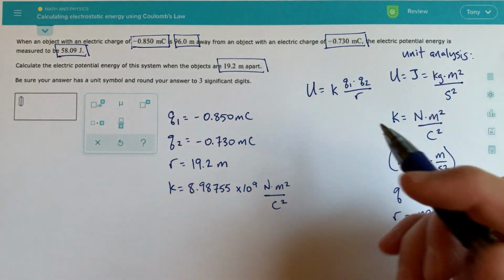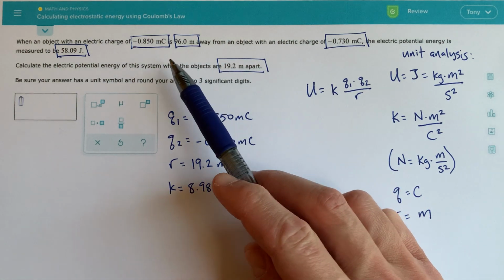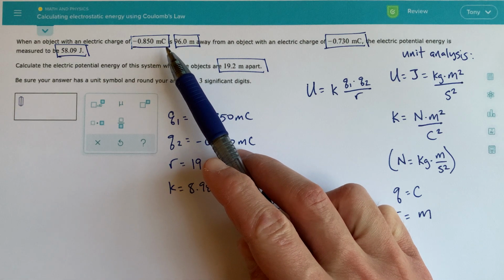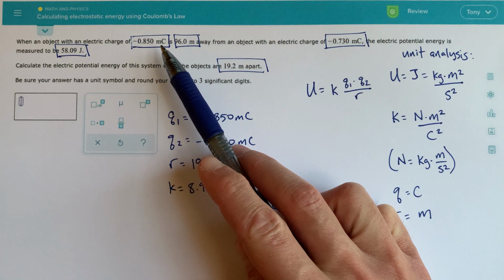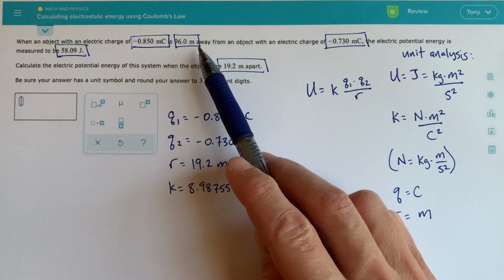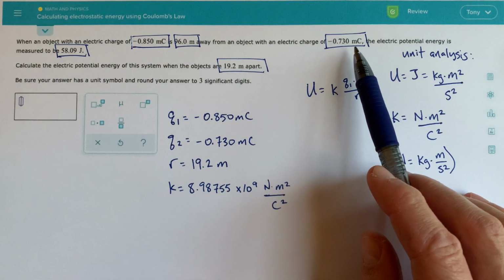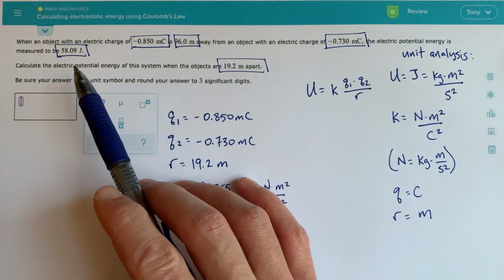So basically, if we read through this, we've got an object with an electric charge of minus 0.85 millicoulombs. This m here is not the funny looking m, it's just a normal lowercase m. That is millicoulombs. It is some distance away from an object with an electric charge of minus 0.730 millicoulombs. The electric potential energy is measured to be 58.09.